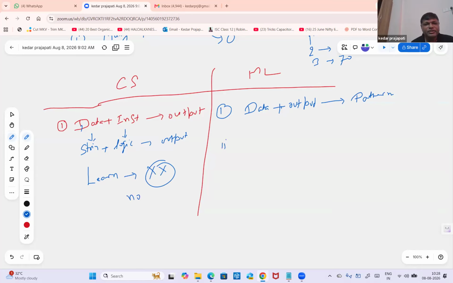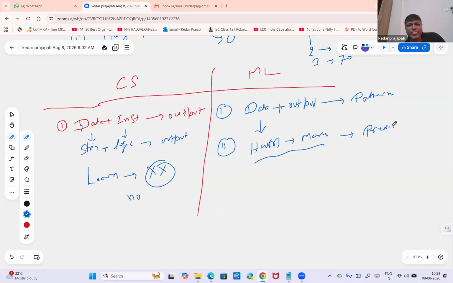But here, based on data, data is your hours studied, and output is marks. I provided these things to the machine, and it is able to predict, right? This is an important difference and we should know this.